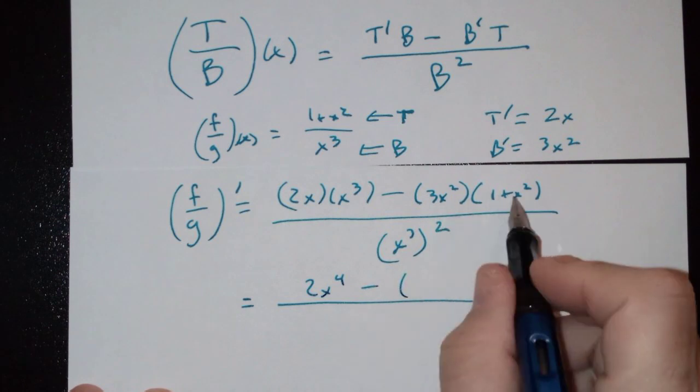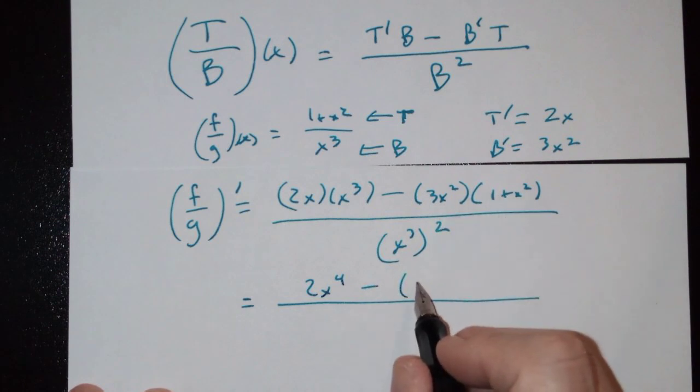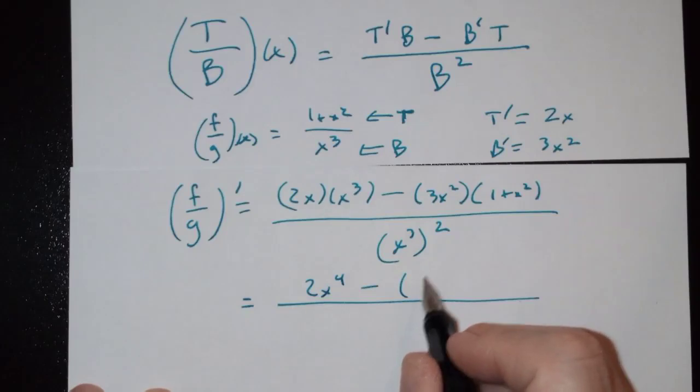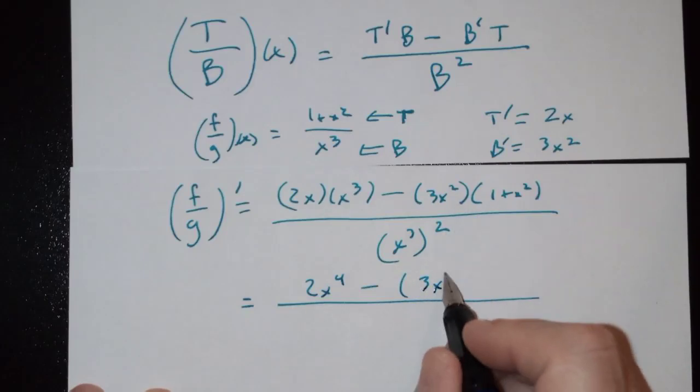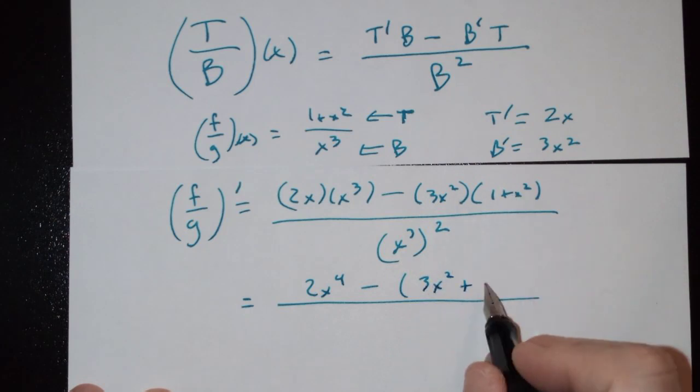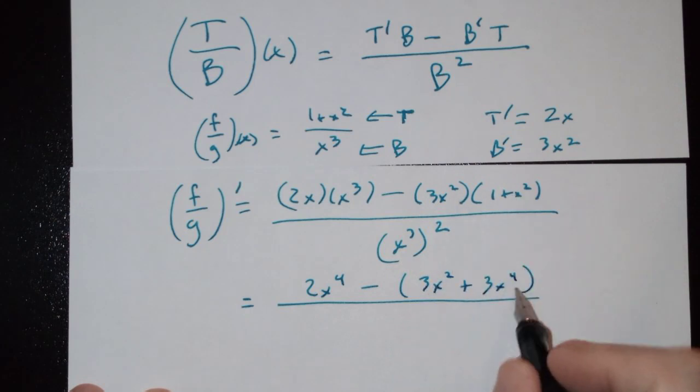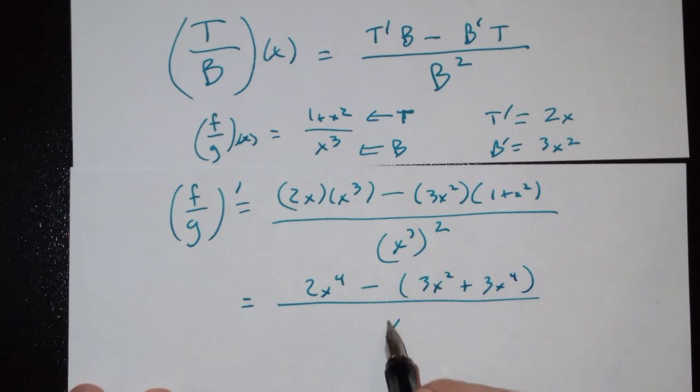Minus. Multiply this out. Cube squared becomes the 6th power. Power of a power means multiply together.